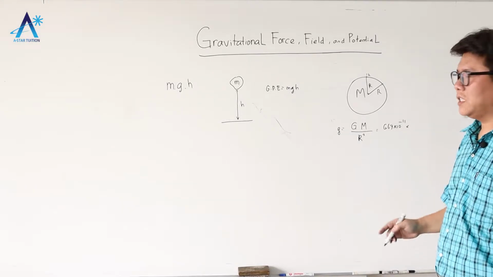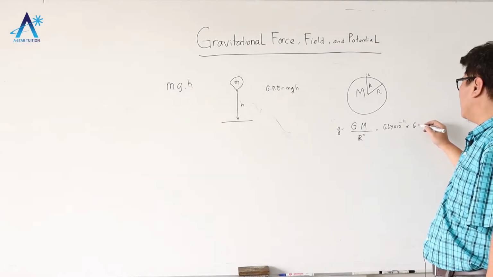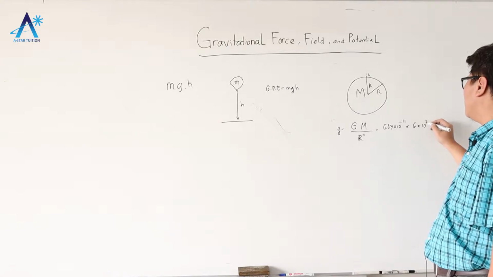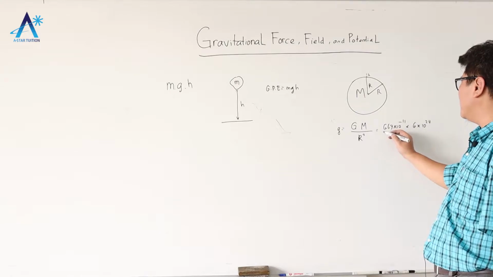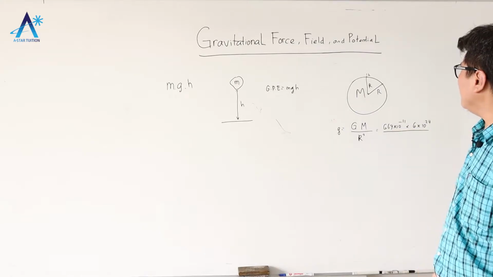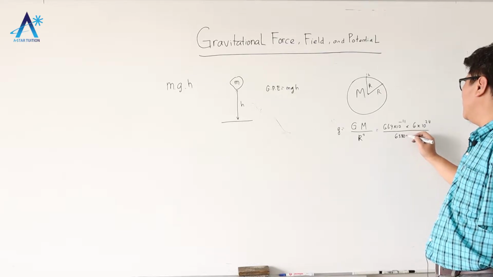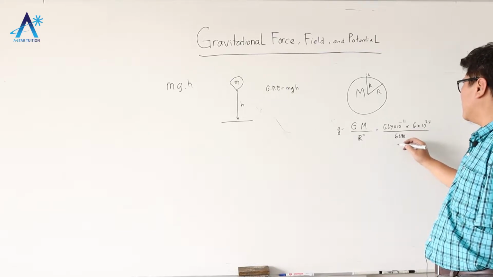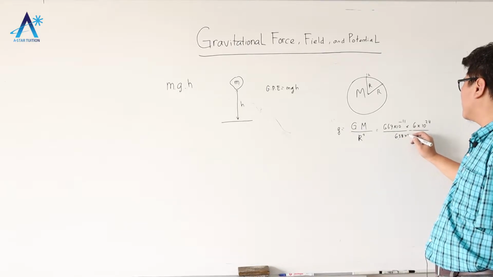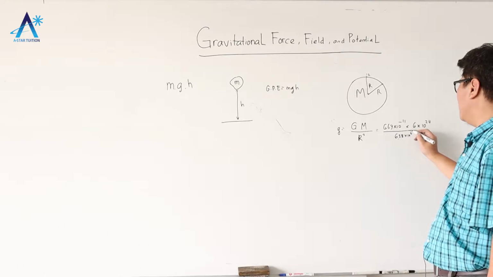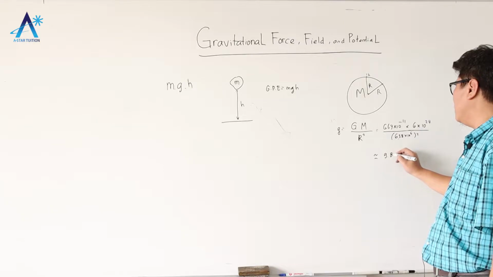The mass of Earth is approximately 6 times 10 to the power 24, in the neighborhood of this approximation. And the radius of Earth is 6,380 kilometers, so it's 6.38 times 10 to the power of 6 meters, and then you square it. So this comes out as approximately 9.81.